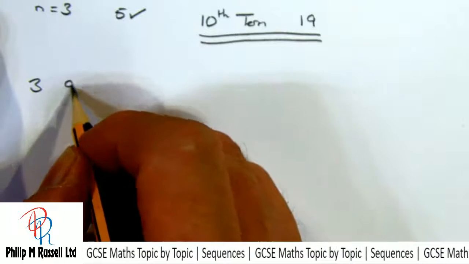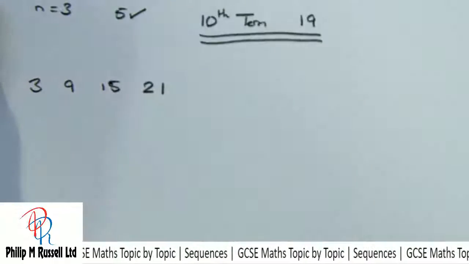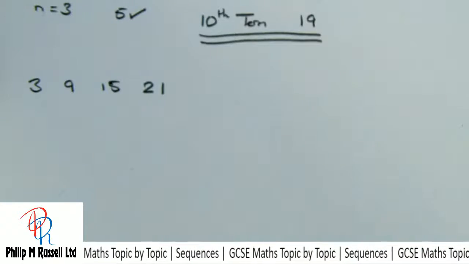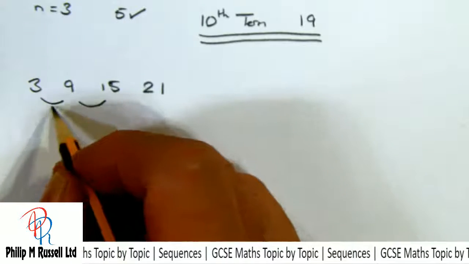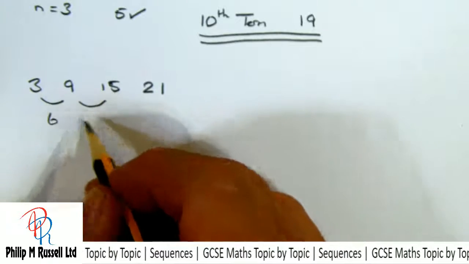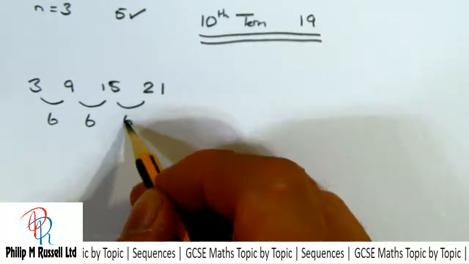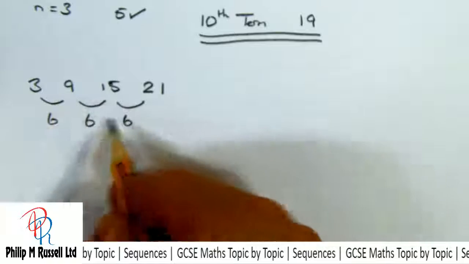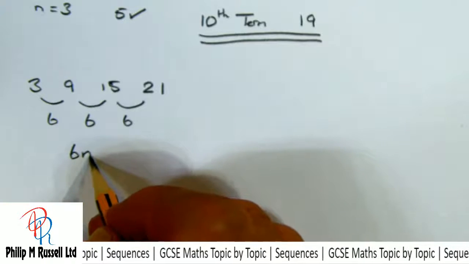3, 9, 15, 21. Let's work out first of all our common difference. So it would appear to be 6. So with just these numbers I can see this is going to be 6n.